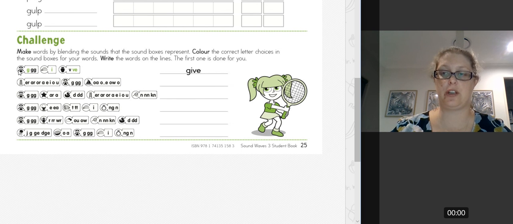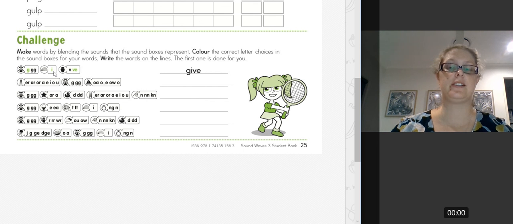So the girl sound box, the igloo, and the vase sound box, as in our example. So here the example is give. They used the G on its own to represent G, the I on its own to represent I, and the VE to represent V. And that makes the word give.